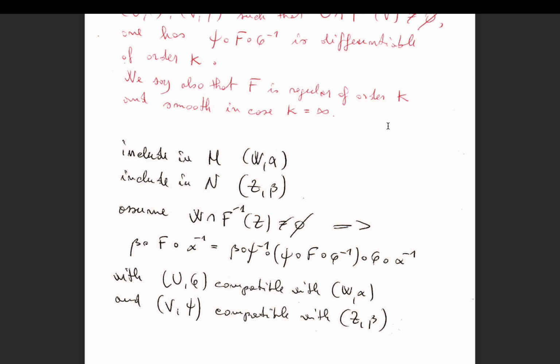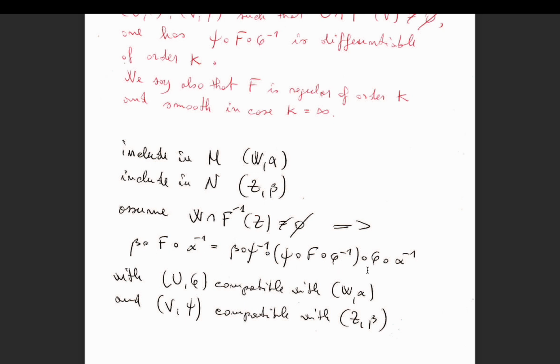For example, if we include inside the atlas of M another chart, let's say (W, alpha), and we include another chart in the atlas of N, called (Z, beta), such that, for example, W intersecting F^{-1} of Z is not empty, then we can construct the function beta composite F composite alpha^{-1}.